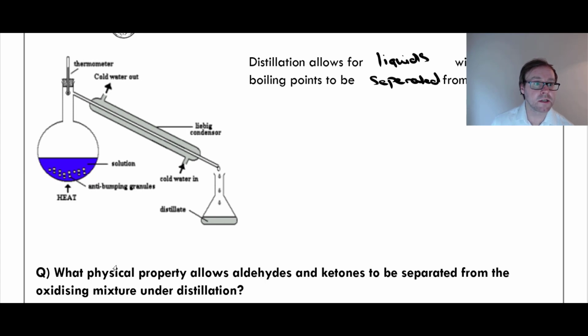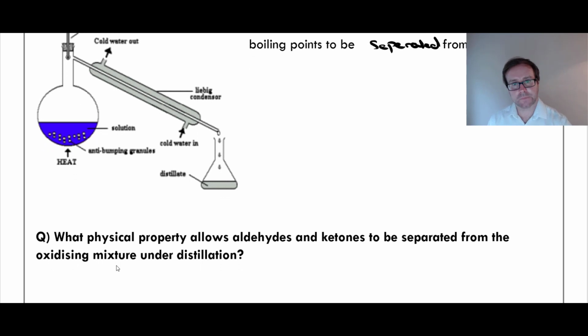I will partially oxidize it and turn it into an aldehyde. An aldehyde has a low boiling point, so it will turn to a gas before the water turns to steam. Therefore it will come down here, again cold water into here, and the gas will start to condense, and I will get my distillate out here.